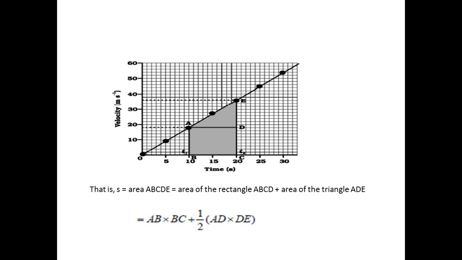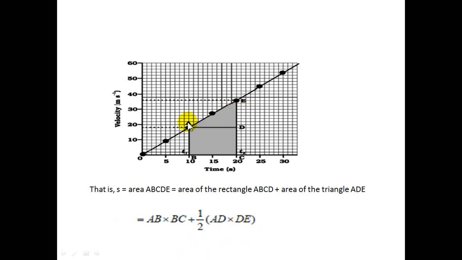In the next class, we will discuss the equations of motion using the graphical method. Till then, match your answer. Is 240 meters equal to AB into BC plus half into AD into DE?